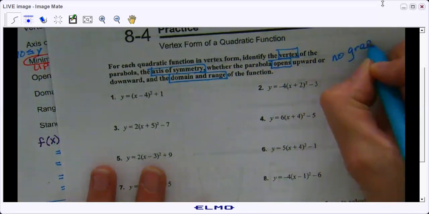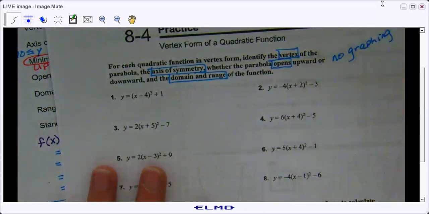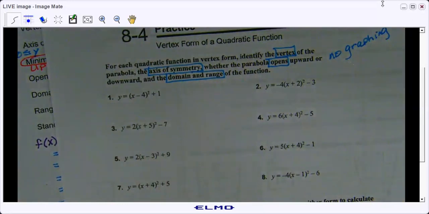Is it alright if you just write it underneath? If it's neat, yes, but there is part of this homework on the back page and down here that you will not be able to do on this paper.